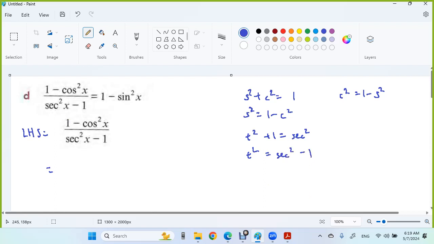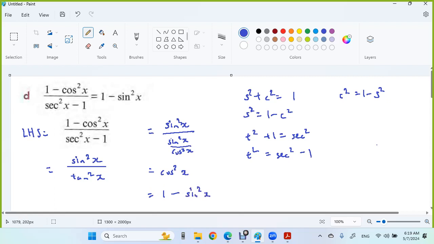So this one, 1 minus cos square, is sine square, and then the secant square minus 1 is the tangent square, and then the tangent is sine square over cos square, then it is cos square. Then this is 1 over 1 minus sine square x. That is the right hand side.